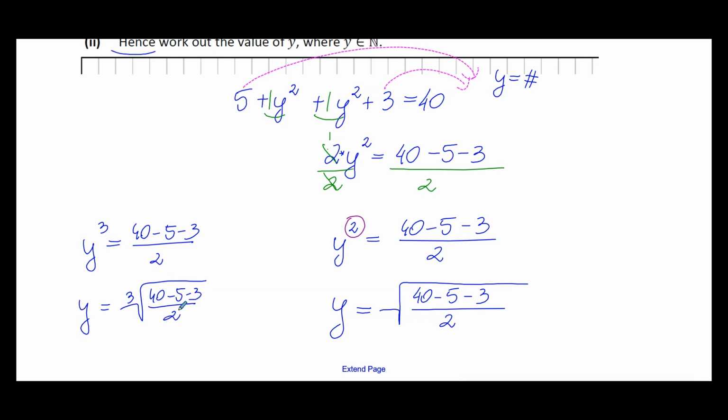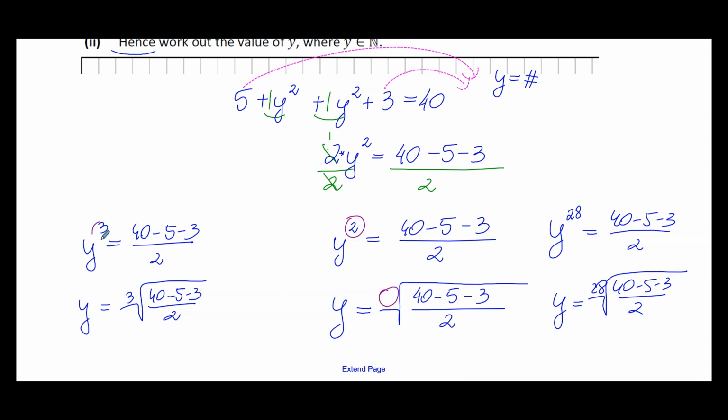Let's say that that power is 28, okay? The principle will be the same. I will have the 28th root of the other side. So I just wanted to show you here that it doesn't matter. That's how we connect. That power tells me what root I'm going to take when I need to get rid of the power. Very important concept.